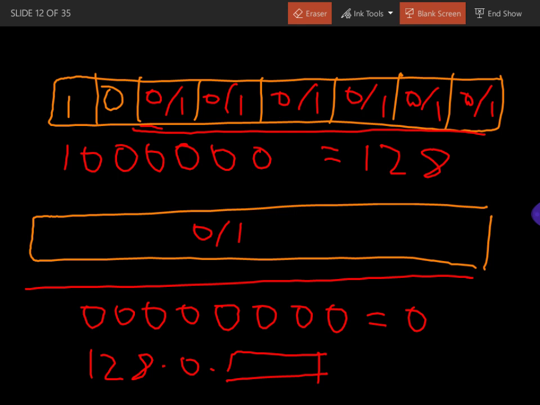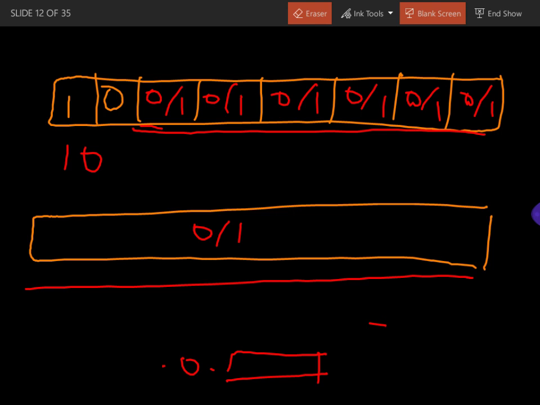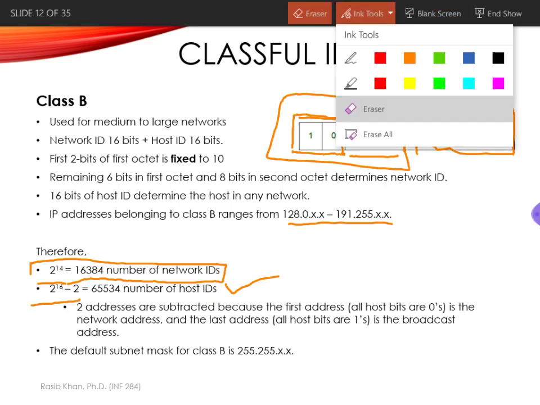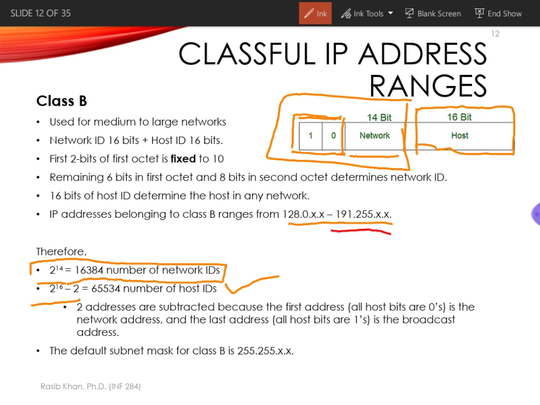Next, if we say what is the max number that we can generate for our class B address, so that would mean that the first 2 bits are left to 1 and 0, and then all of these would be ones.